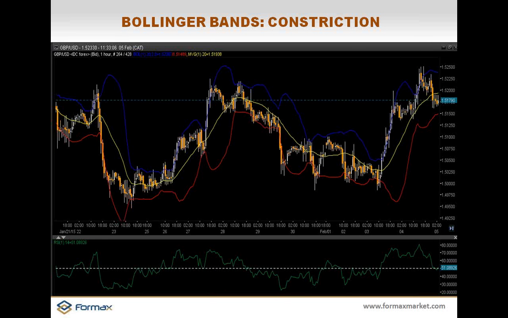Now we will see another example. You can see a consolidation somewhere at this point on the left hand side. After a particular consolidation, the upper band and lower band both moved in different directions with very sharp momentum.